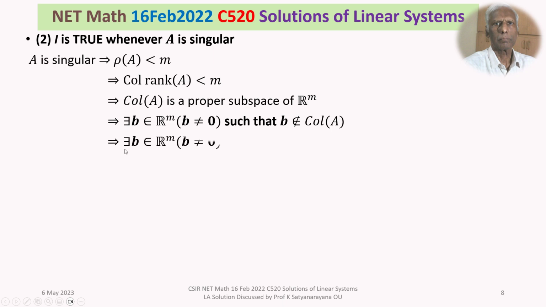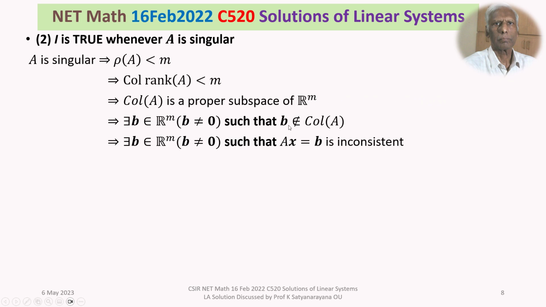So, this implies there exists a B belongs to R power m, B not equal to 0, such that B does not belong to column space of A. So, recall our earlier theorem. B belongs to the column space of A is equivalent to Ax is equal to B is consistent.